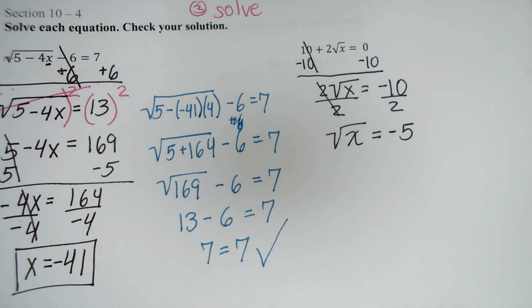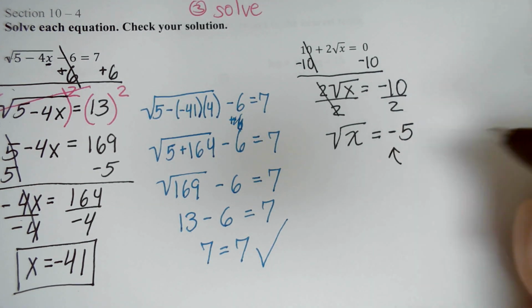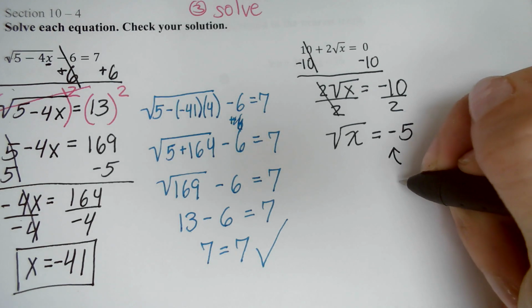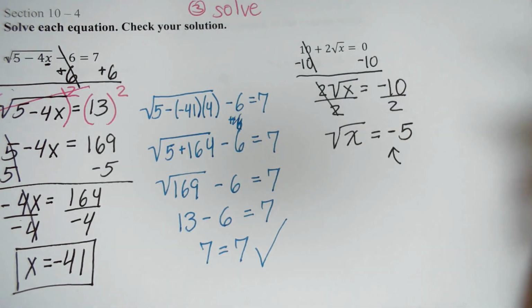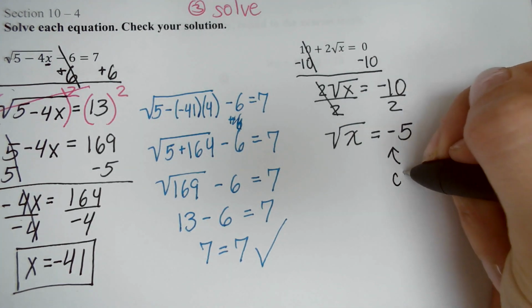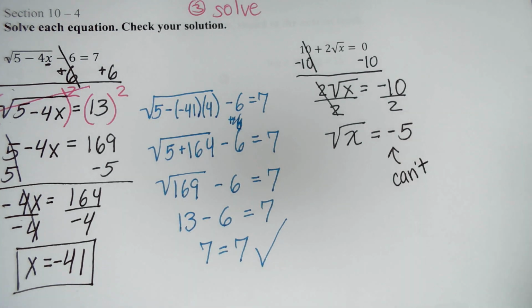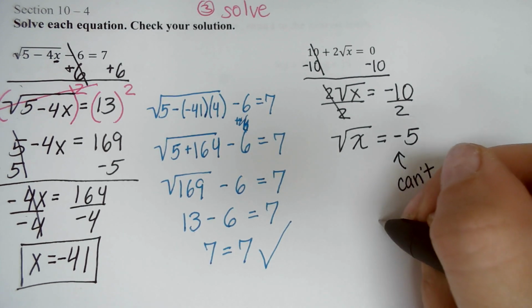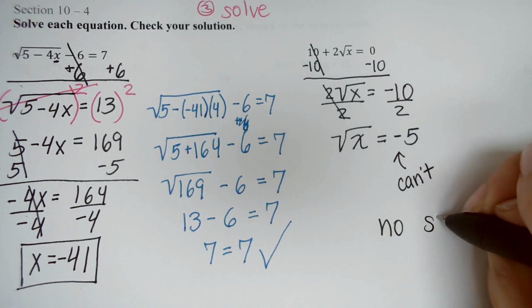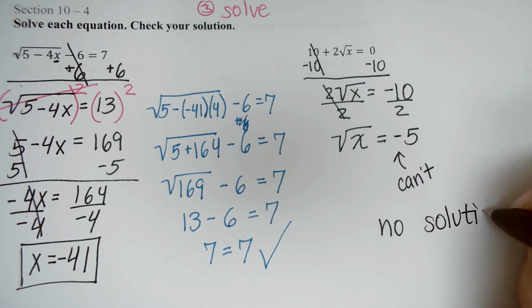So in this case, because they're telling me the square root of x is negative 5, that is super suspicious. We can't have a negative answer to a square root. We can't do this. So this is when we get a no solution answer.